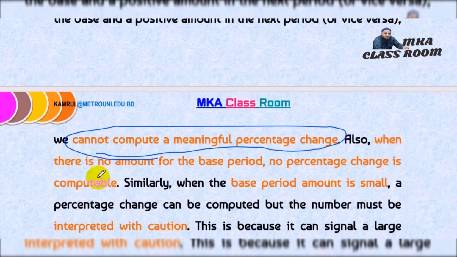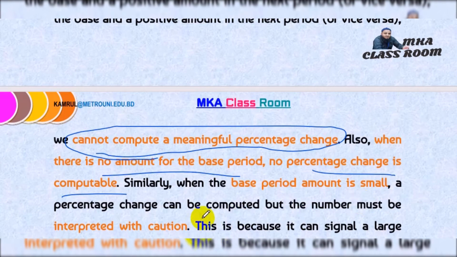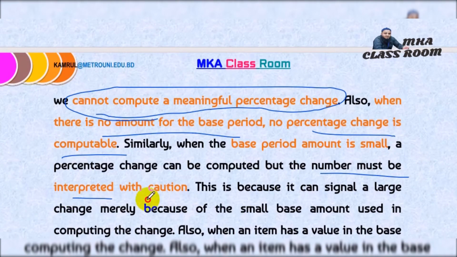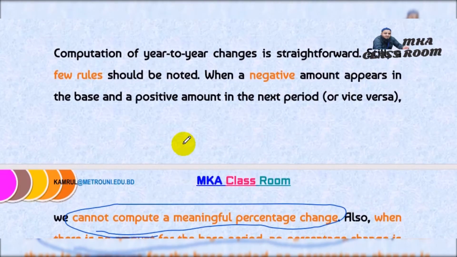And also, whenever there is no amount in the base period, then no percentage change is computable. Similarly, when the base period amount is small, a percentage change can be computed, but the number must be interpreted with caution. So these are the rules of computing year to year change in comparative analysis.